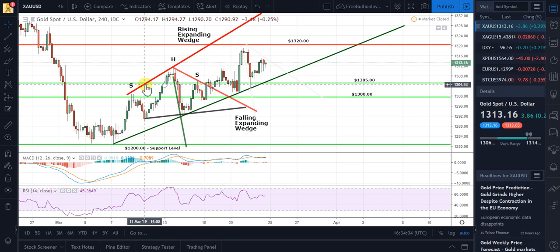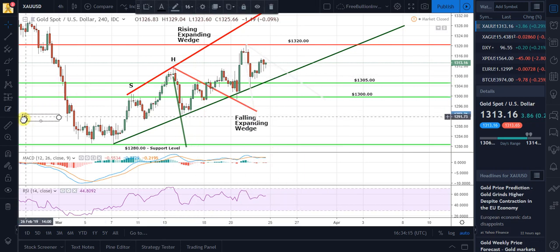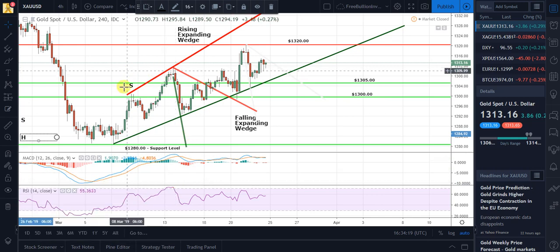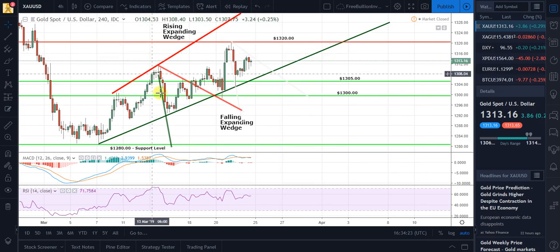So I'm not sure if I stated this, but I had basically said that the price of gold was going to move sideways and then move down, and that clearly didn't happen. So we can remove the head and shoulders that got denied last week, and excuse the pop-up there, and we'll just push that to the side a little bit. Now, the falling expanding wedge was confirmed early last week, and we can remove that one here.